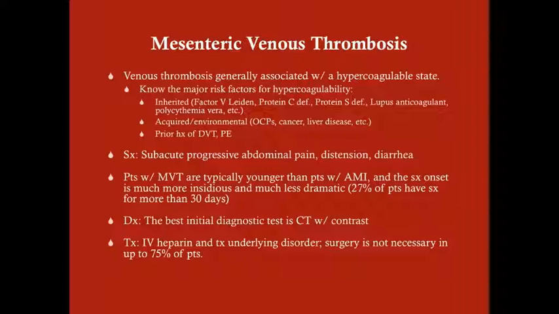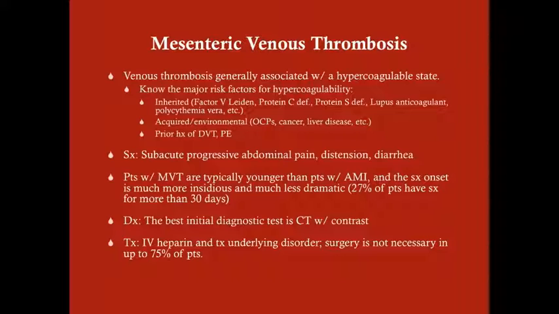The patient is not going to be able to tell you, oh, this just suddenly came on today. Usually they'll say it's been going on for a few days or a week, and it's going to be much less dramatic. These patients aren't going to be in nearly the same degree of pain that the acute mesenteric ischemic patients are in. And 27% of patients have had symptoms that have lasted longer than a month.